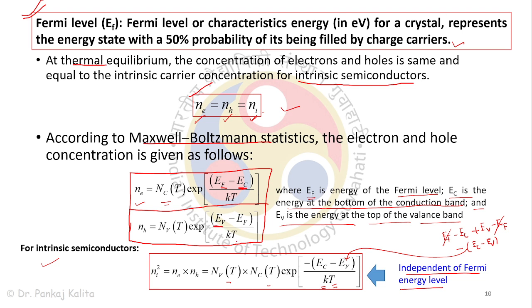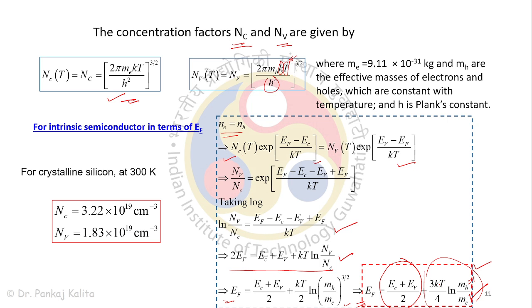T is your temperature in Kelvin, K is the Boltzmann constant, and the Nc and Nv terms we will see in the next slide. If we multiply n into p, it will be ni square, and we get this formula for the intrinsic semiconductor, which is independent of the Fermi energy level.